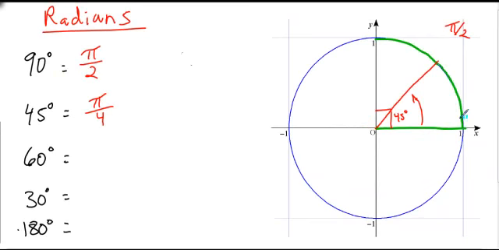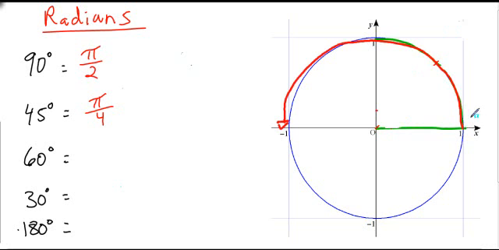Which also makes sense, because the arc length is going around the entire 2 pi circle. This distance from here to here is equivalent to 1/4 of 2 pi going all the way around. Or, I'm sorry, 1/8 of 2 pi going all the way around.